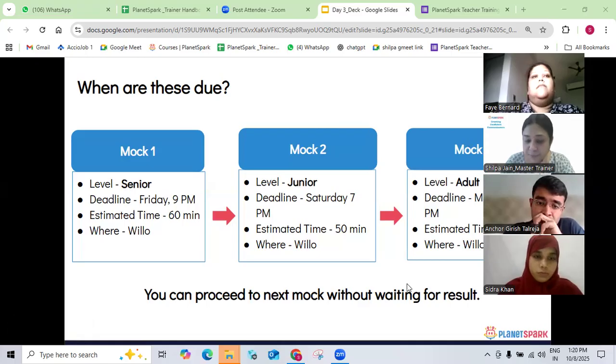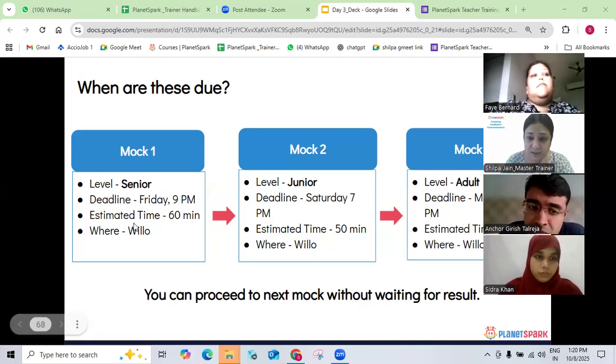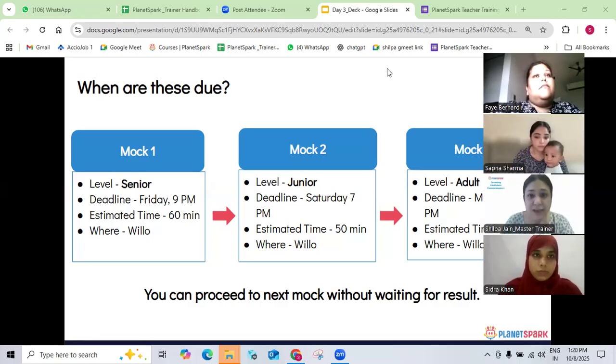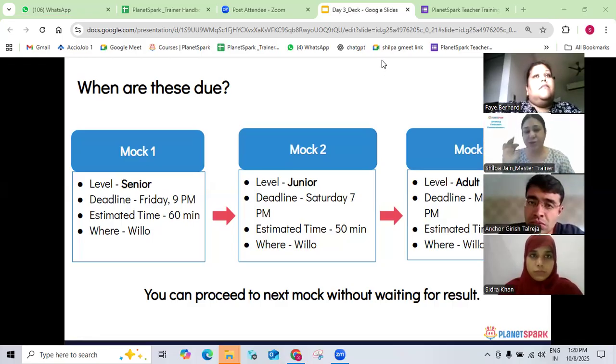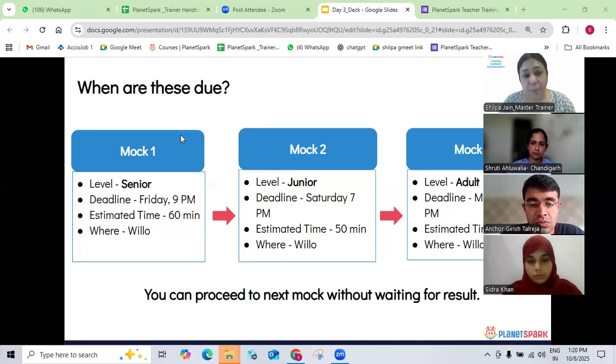Very important information. Do not wait for your results. Sometimes we have seen the teachers, lower down your hands, teachers, write down your queries. After discussing this, I'll have a dedicated Q&A round, okay? We have seen the teachers, they give their mock 1 and they keep on waiting. Saturday also ends, Sunday comes, and then they say, the result was not updated on mock 1, that is why I did not attempt mock 2.